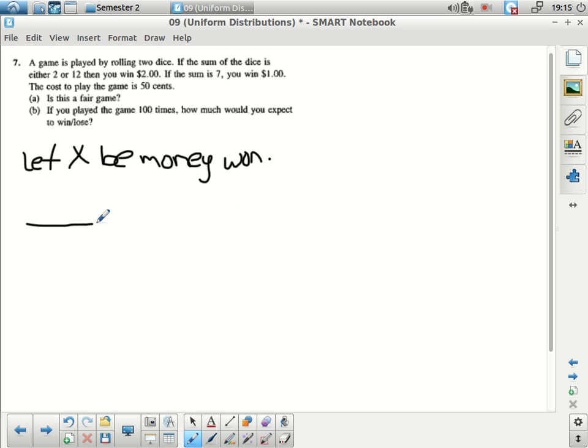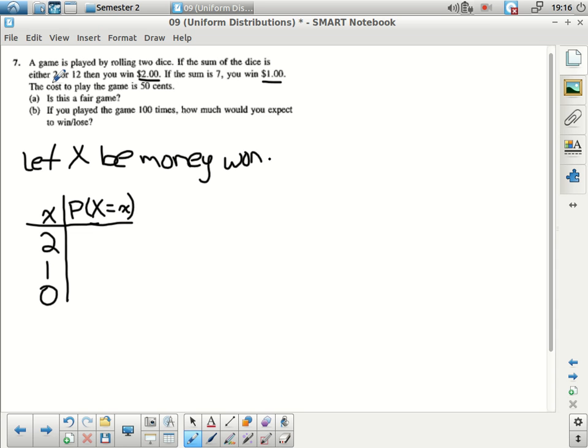My possible values for X: I can either win $2, $1, or I don't win anything if I roll anything else, so $0. Our other column is the probability of that happening, that my variable is equal to one of these numbers.